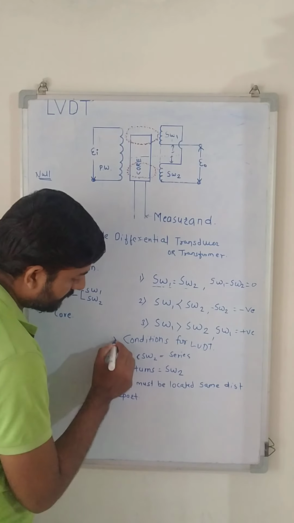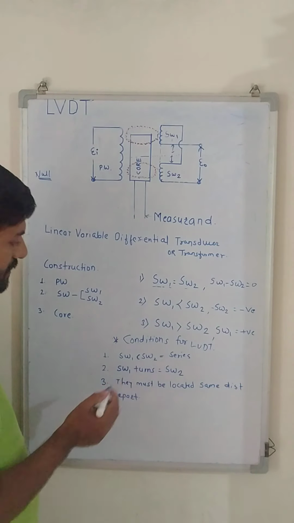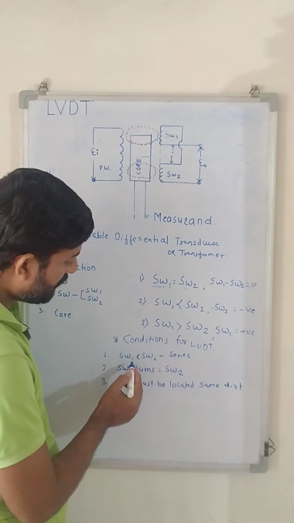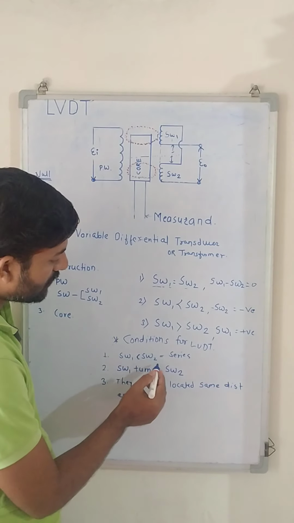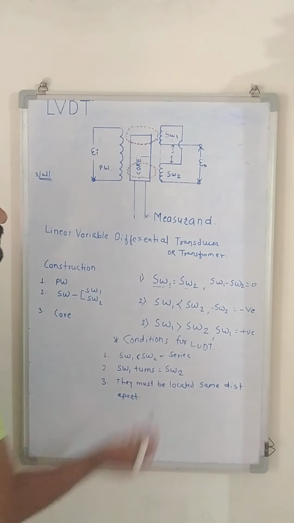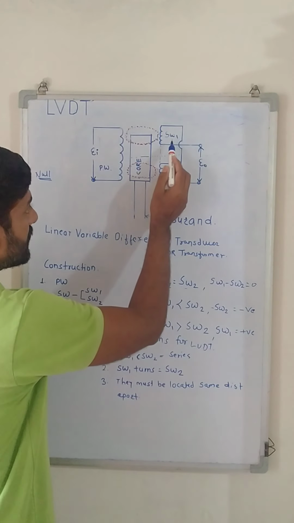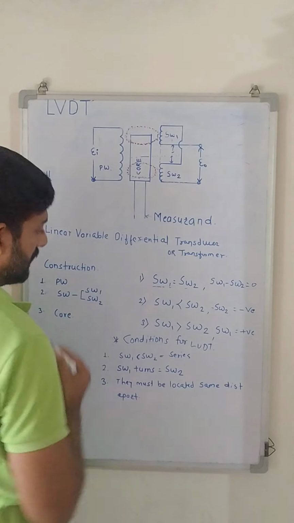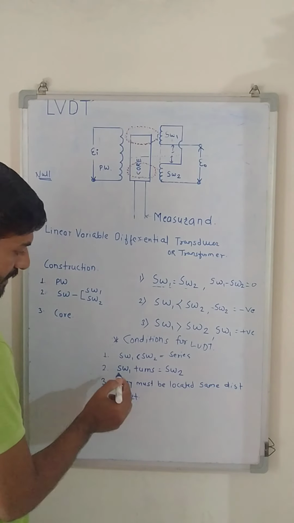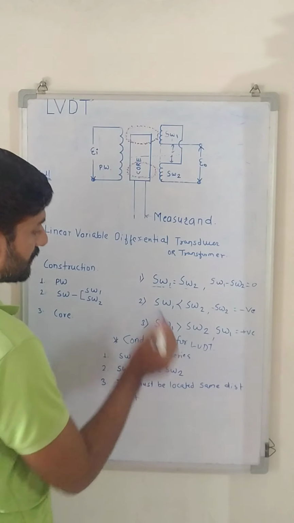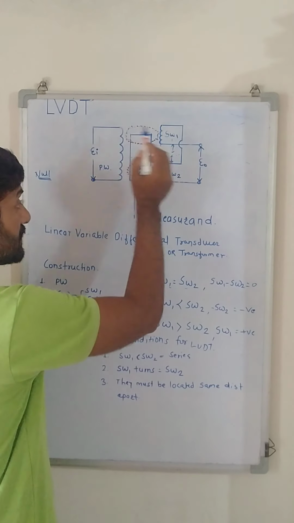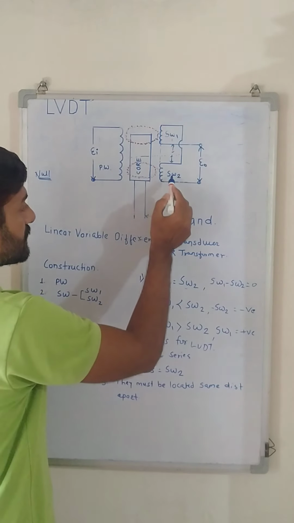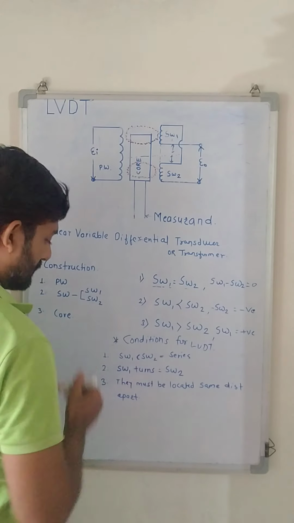Conditions for LVDT. The first condition is that secondary winding 1 and secondary winding 2 must be connected in series. Here you can see they are connected in series. Condition number 2, secondary winding 1 turns must be equal to secondary winding 2 turns. Here again both have the same number of turns.